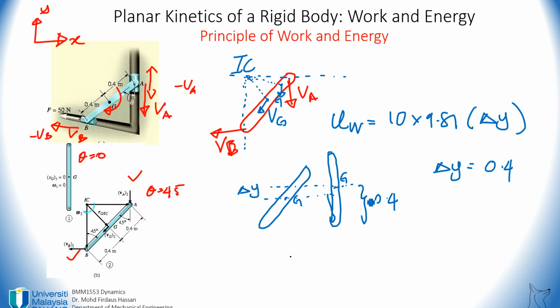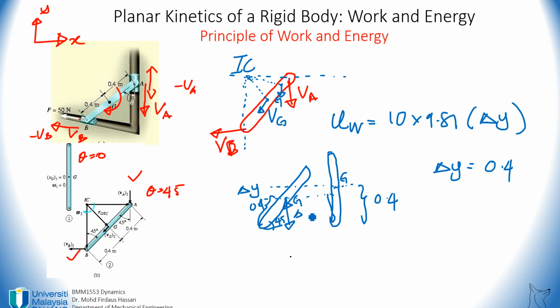0.4 minus the distance of this one. Because this one you can find, right? This one is 0.4 and this one is 45 degrees. So how to find this distance?